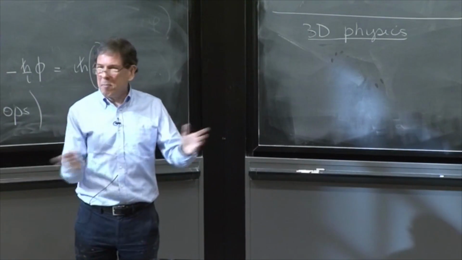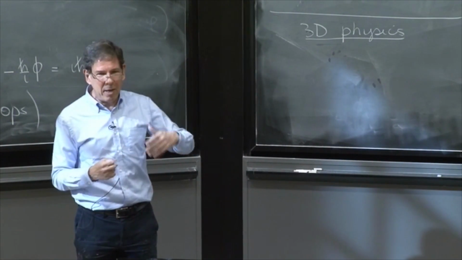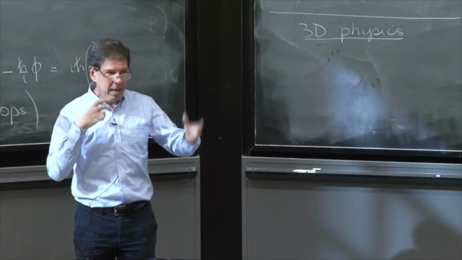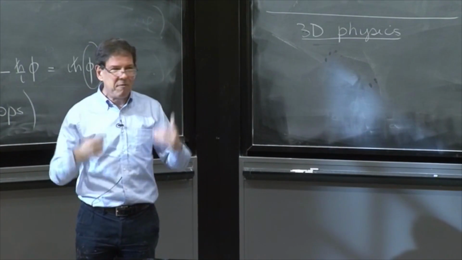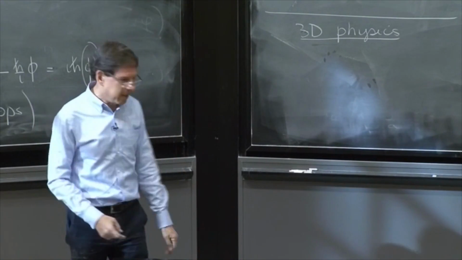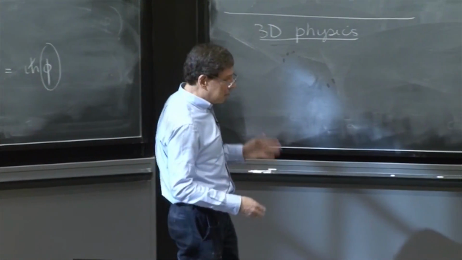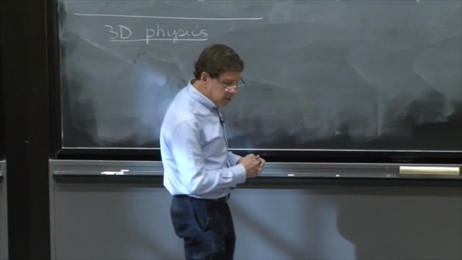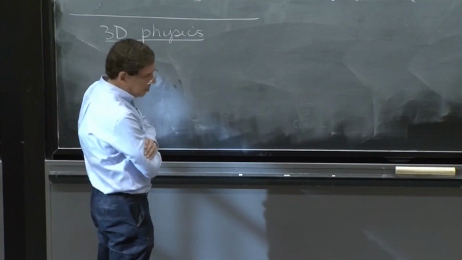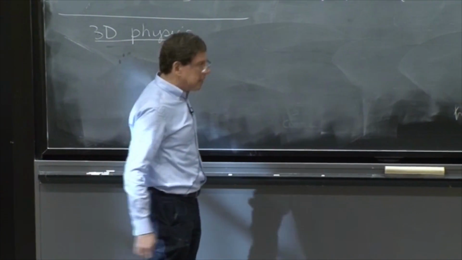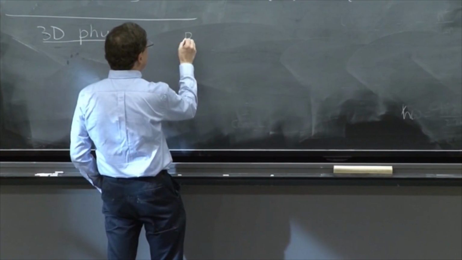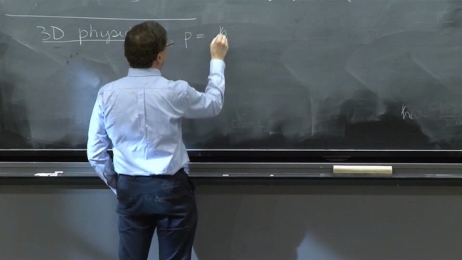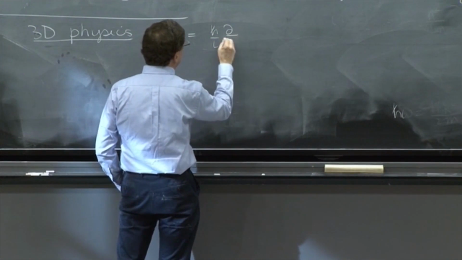I want to, from the beginning, show you the 3-dimensional thing and have you play with 3-dimensional things and with 1-dimensional things so that you don't get focused on just 1 dimension. The emphasis will be in 1 dimension for a while, but I don't want you to get too focused on that. So what did we have with this thing? Well, we had p equal h bar over i d/dx.